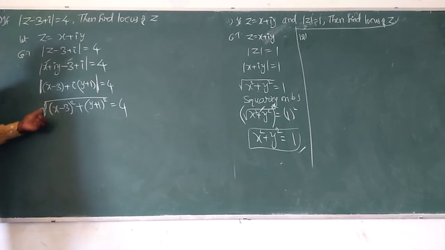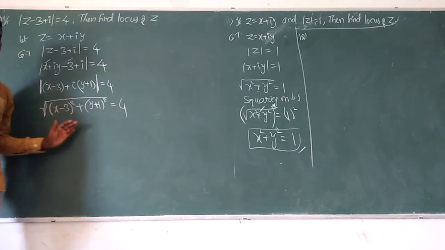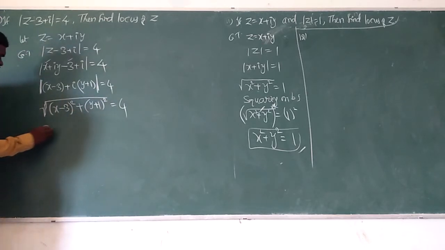Now here a square root is there. To remove this square root, take squares on both sides.